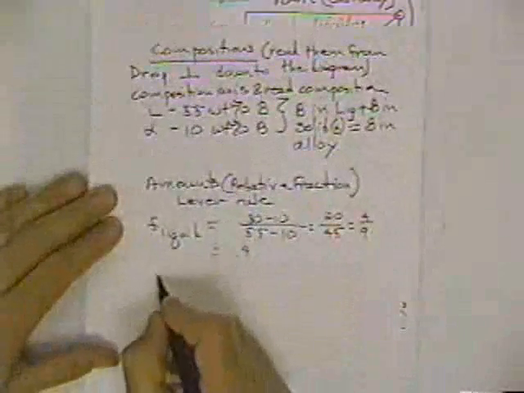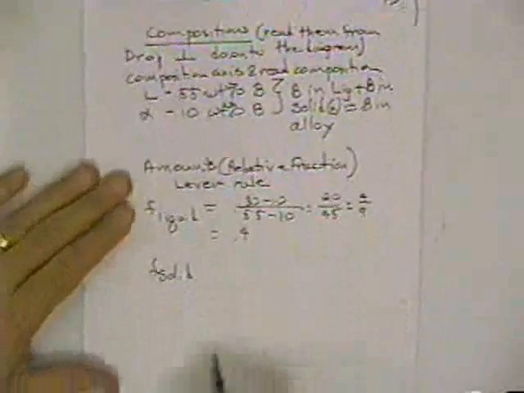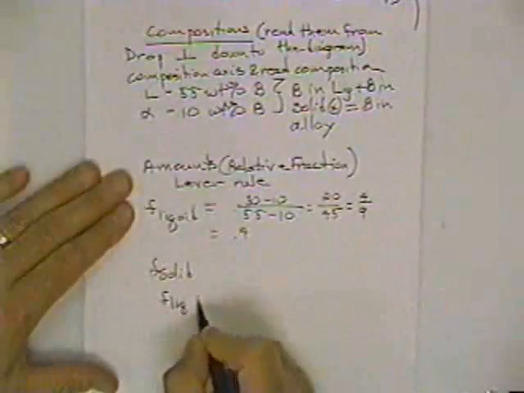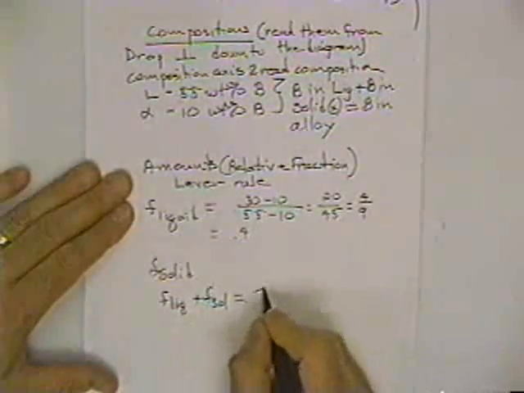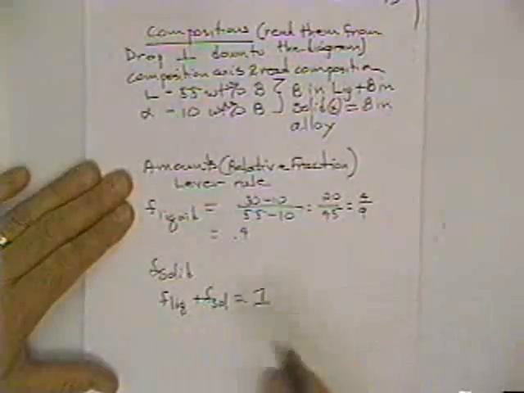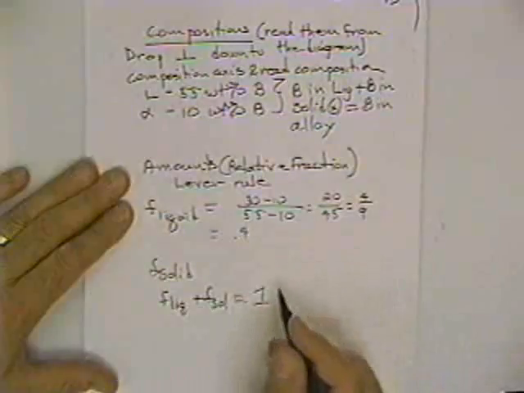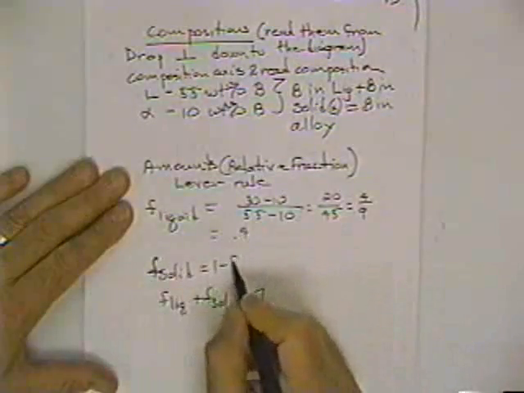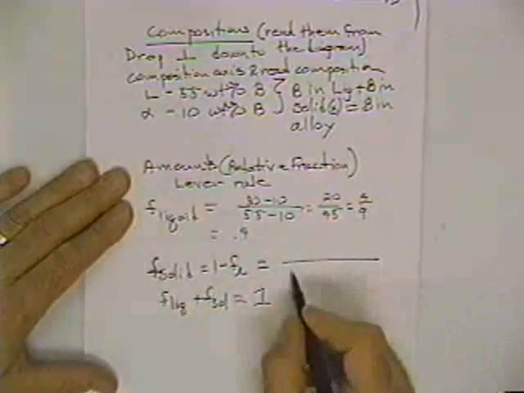Okay, so now let's determine the fraction of solid. A couple of you ahead of me know that the fraction of the liquid plus the fraction of the solid has to equal what? 1, or percent, has to equal 100. So we could write the solid right away: the fraction of the solid is going to be equal to 1 minus the fraction of the liquid. But let's do it with the lever arm.